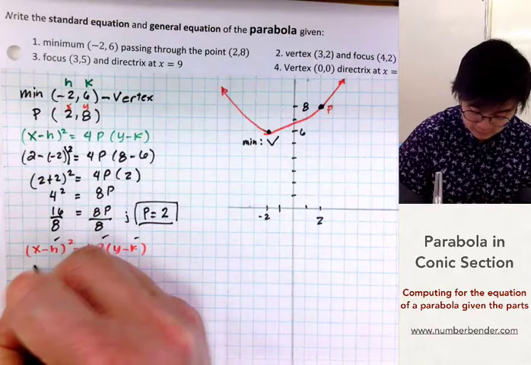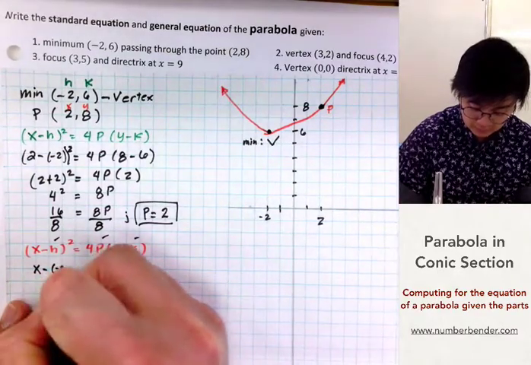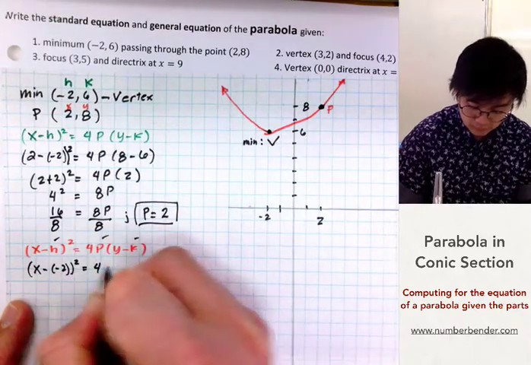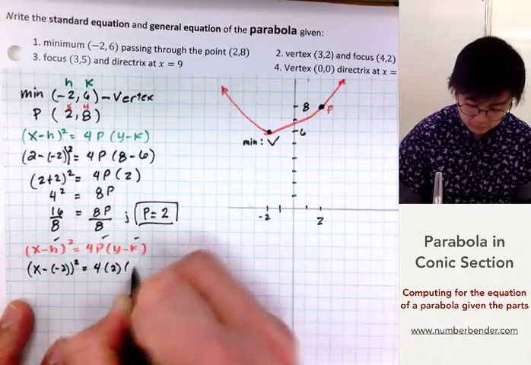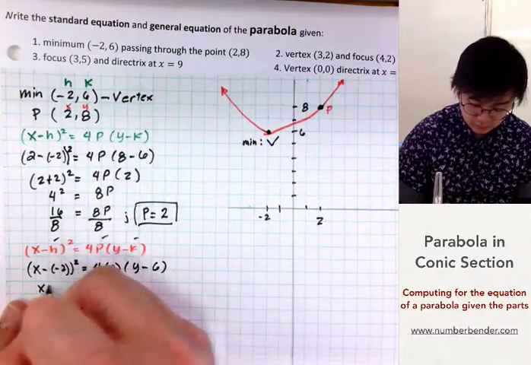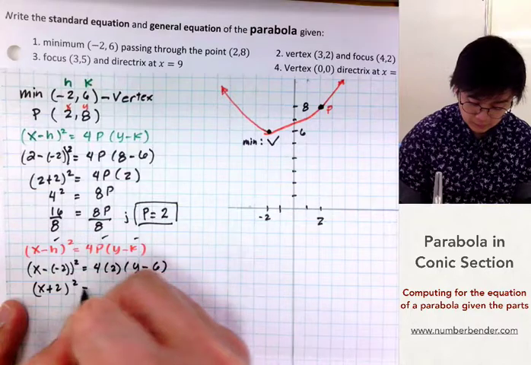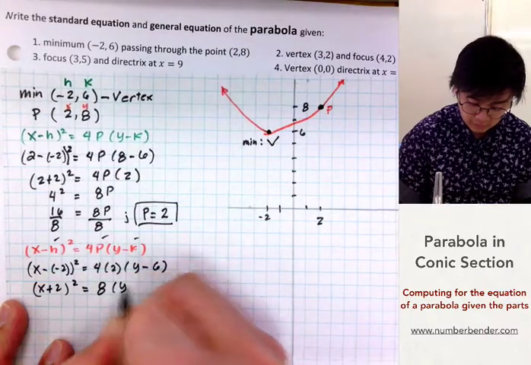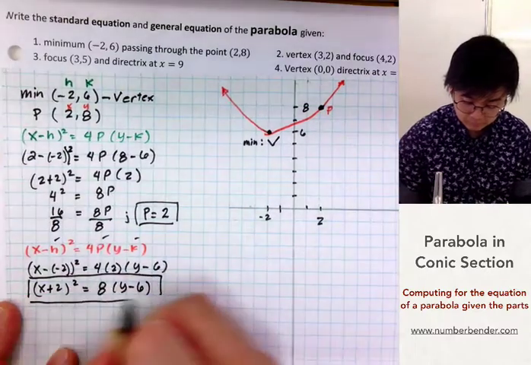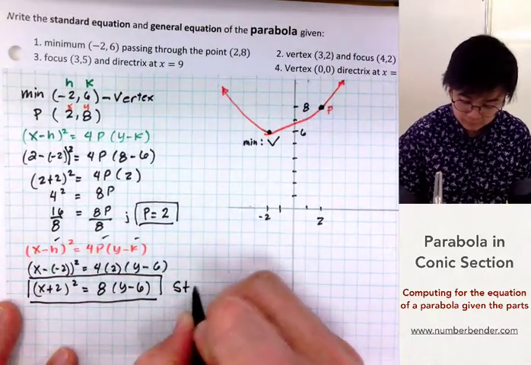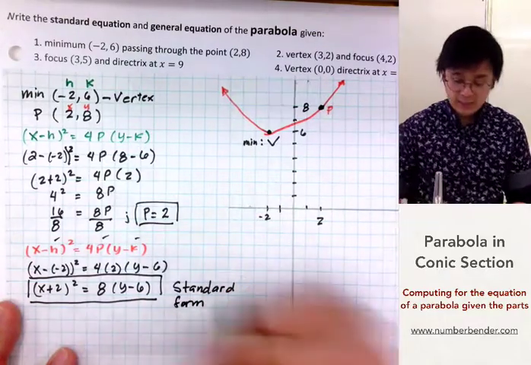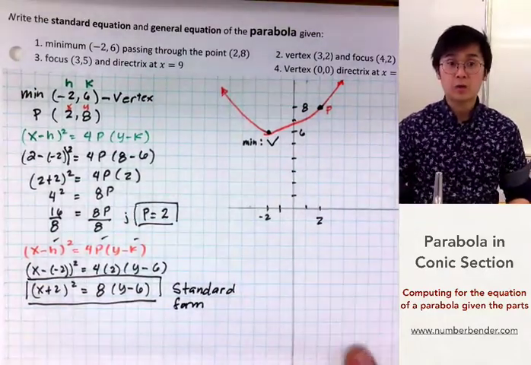So we'll have (x minus negative 2) squared equals 4 times p, which is 2, times (y minus k, which is 6), which is (x plus 2) squared equals 8(y minus 6). And this is the standard form of our parabola.